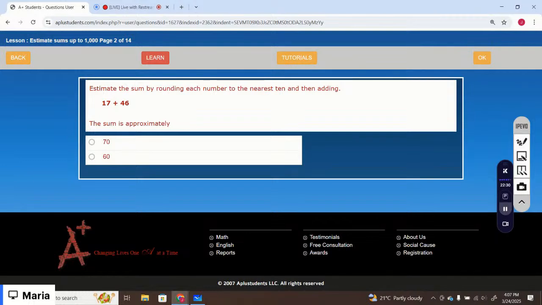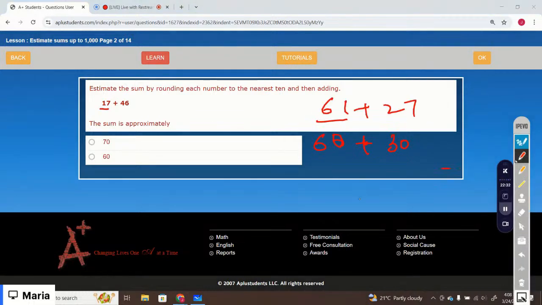Seventeen is rounded to 20 and 46 is rounded to 50.